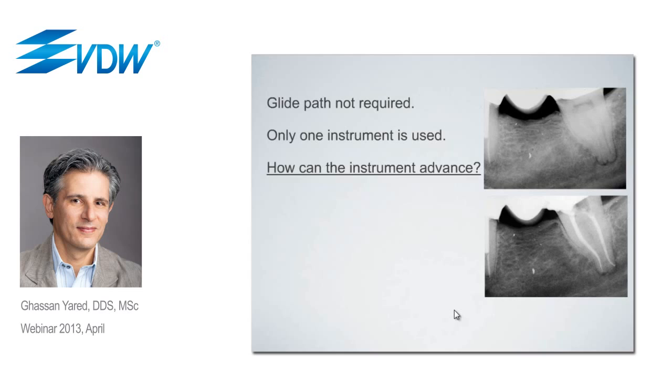This is how I prepare the MB2 canals. I never start with the hand file. I never create a glide path. I always start with the Reciproc instrument. How can that instrument go into a very narrow canal like the MB2, which can sometimes also be strongly curved? How can that be without any problems?